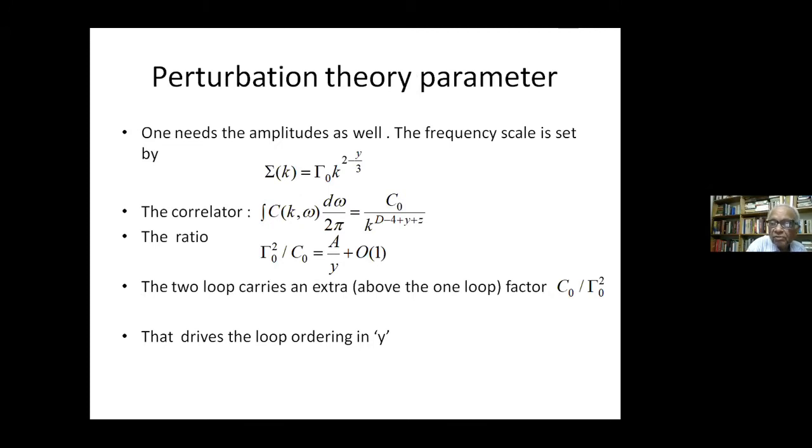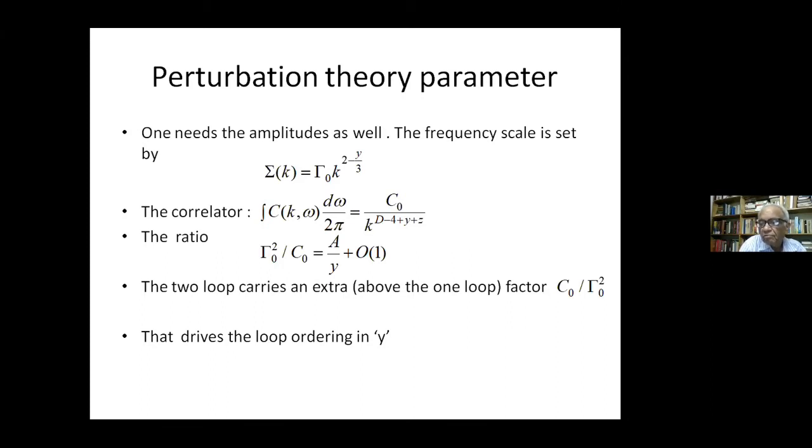So you set the frequency scale by this gamma 0. The correlator is the C of k omega, which scales with the form that it is GF times FG. It has a form which looks like what you have over here, C0 divided by k to the power d minus 4. The ratio gamma 0 square over C0 is the ratio of two integrals.